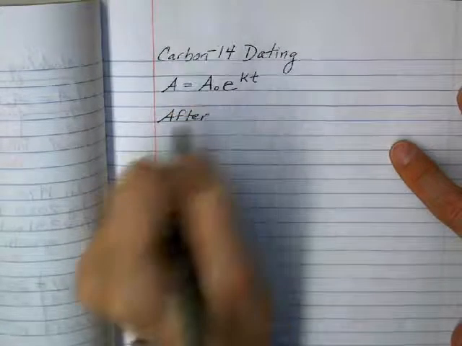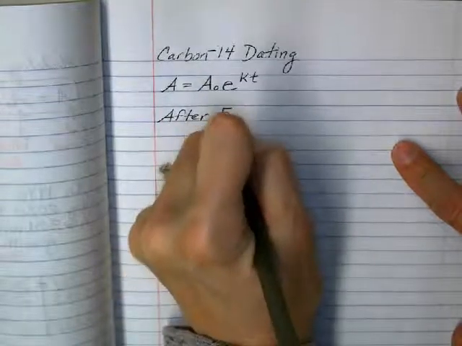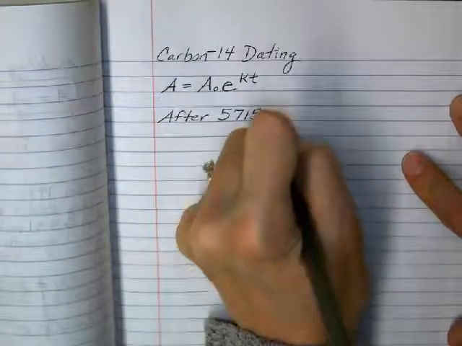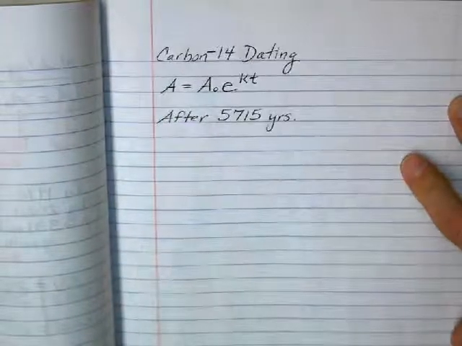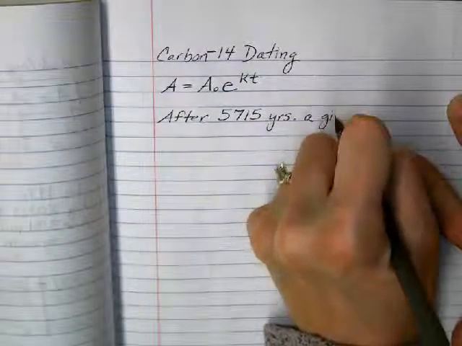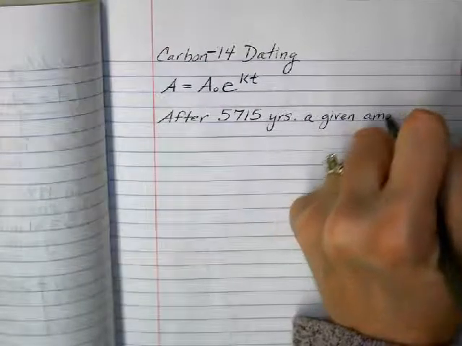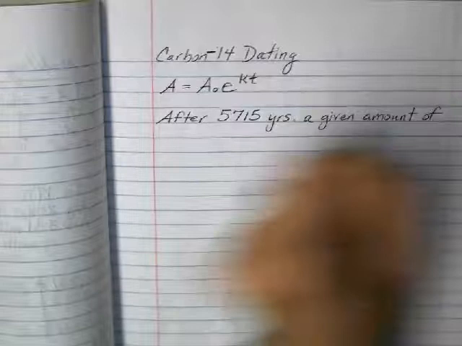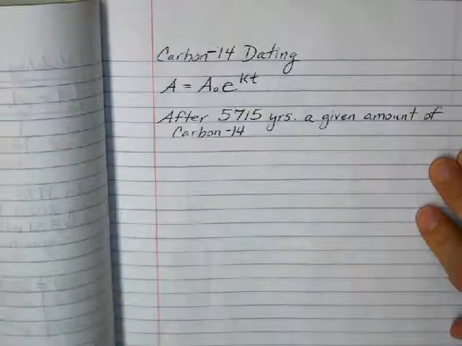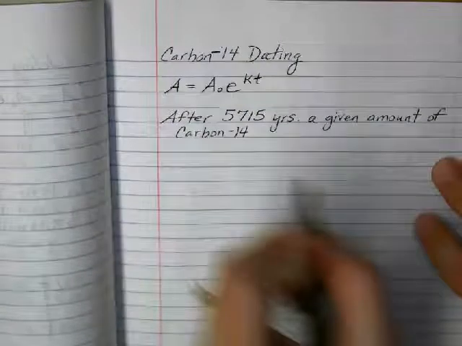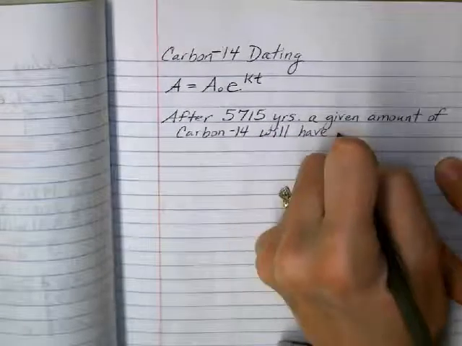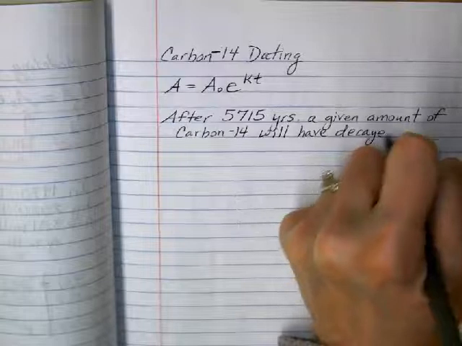This one is from the book, it says, after 5,715 years, a given amount of carbon-14 will have decayed to half the original amount.